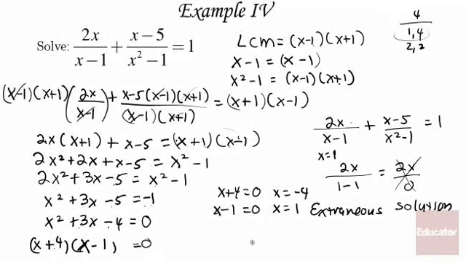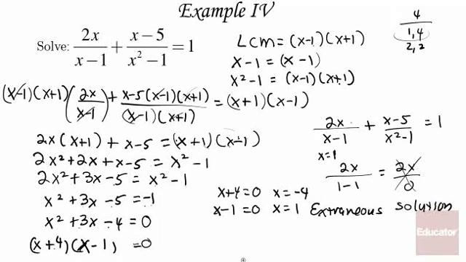Okay? Now, let's look at x equals negative 4. You can see that if x equals negative 4, this denominator is going to be negative 5, which is fine. And if this is negative 4, this is going to be 16 minus 1, and that's 15. That's fine as well.